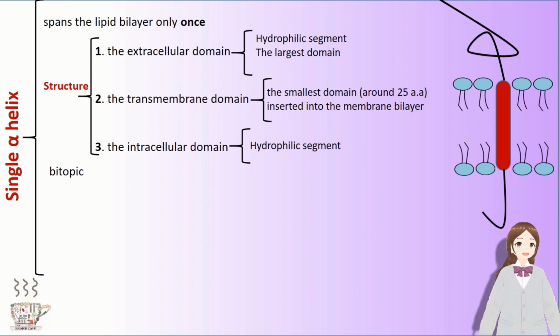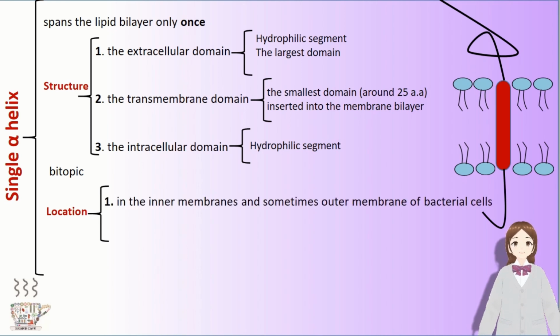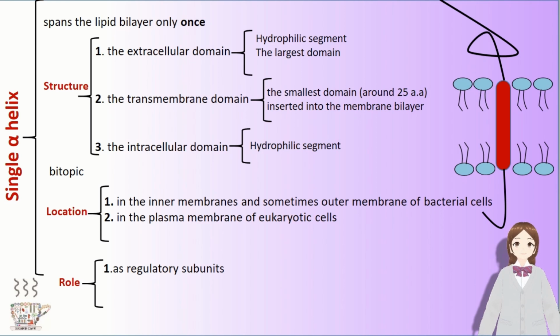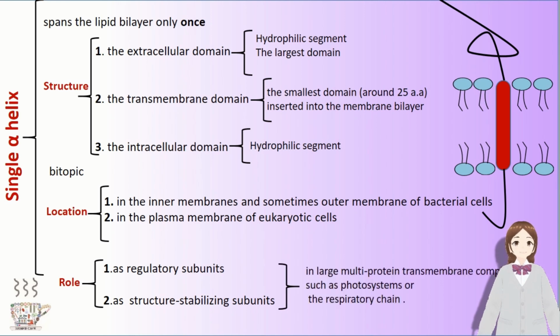It's classified topographically as bitopic. It's located in the inner membranes and sometimes outer membranes of bacterial cells, and in the plasma membrane of eukaryotic cells. It has a role as regulatory subunits and as structure stabilizing subunits in large multi-protein transmembrane complexes such as photosystems or the respiratory chain.